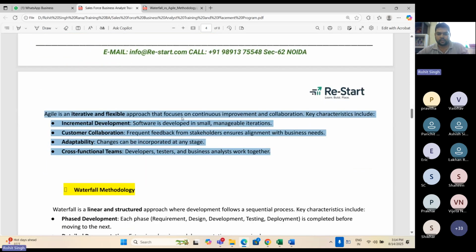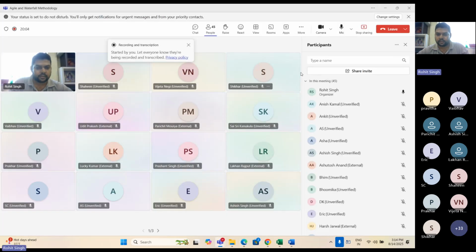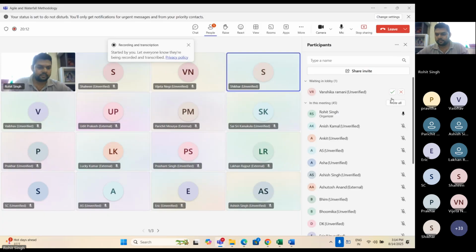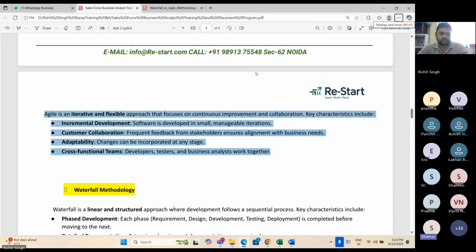Yes, Shikhar bhai, you can see this, right? Yes, I'm just zooming a bit. Yes, I zoomed in. You want me to read it, right?